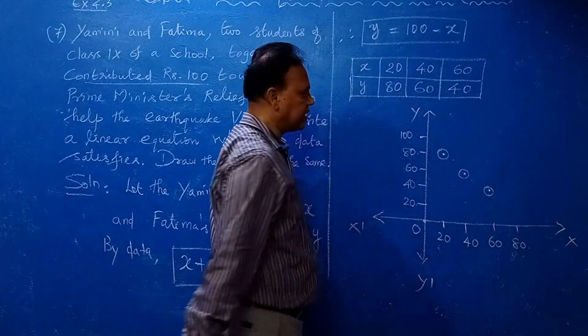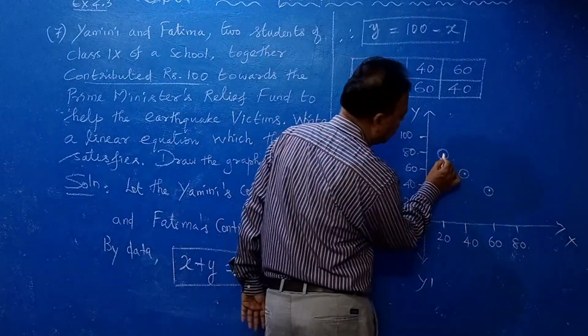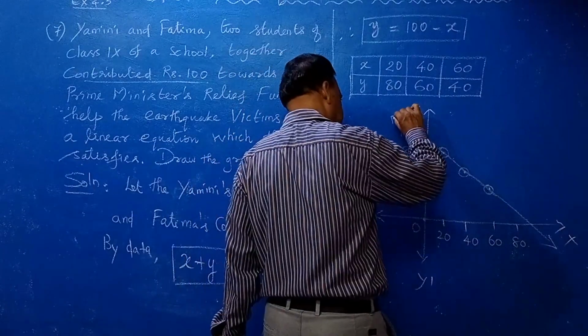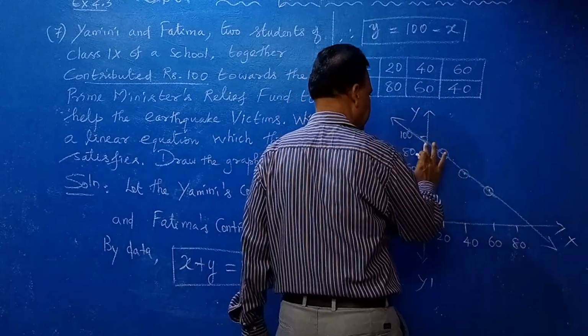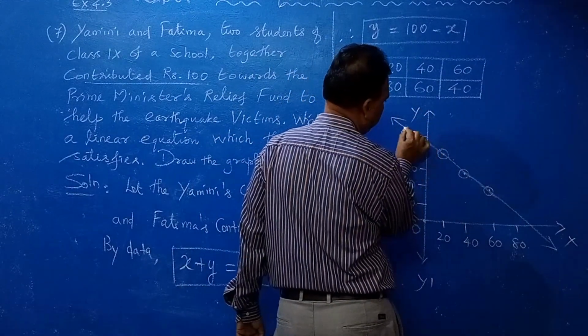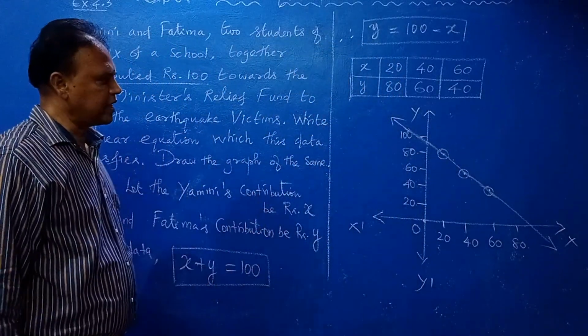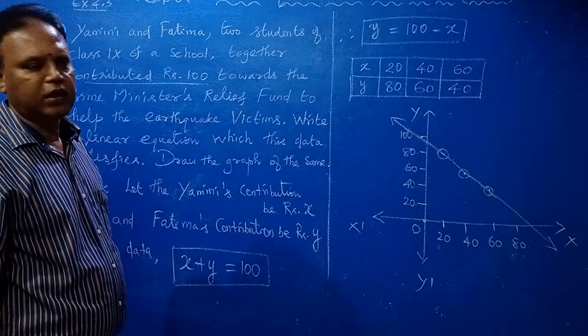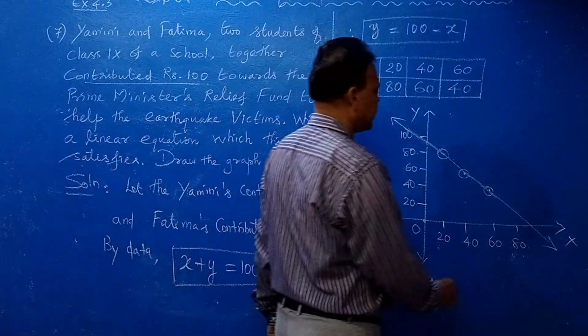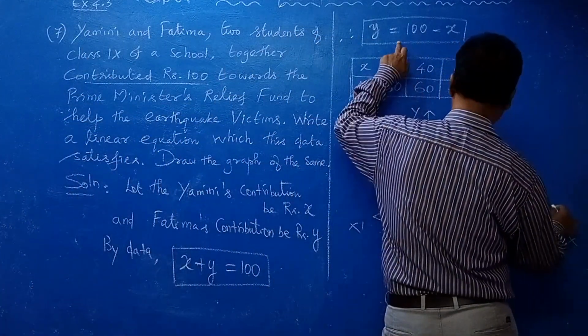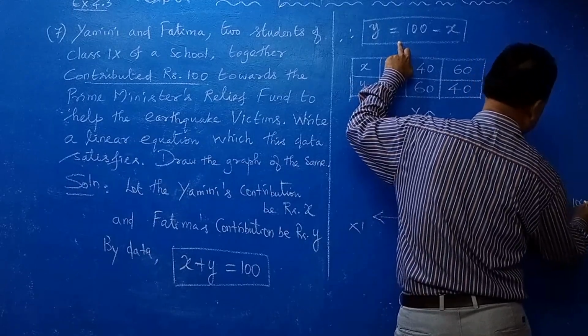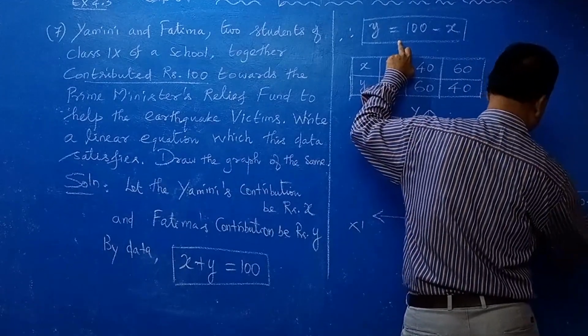In the graph you will get very correctly. Now join all. Do it in the graph sheet, then you paste it. So this is the straight line for this equation, Y equals 100 minus x.